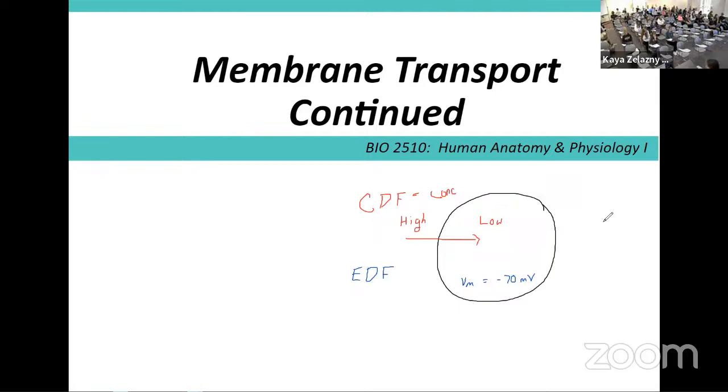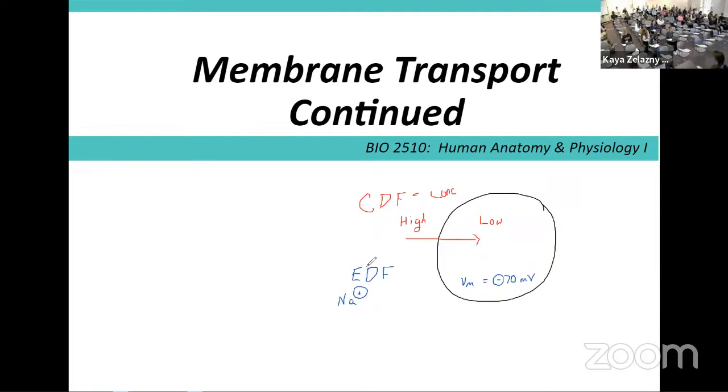So that membrane potential takes into account everything. When we're looking to find the direction of our electrical driving force, we're looking at the charge on our cell. Sodium is an example again, because we talk about sodium throughout this course. We're looking for the valence on our ions, the little charge on them. So sodium is a positive ion.